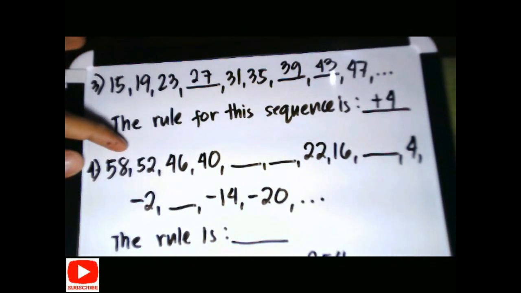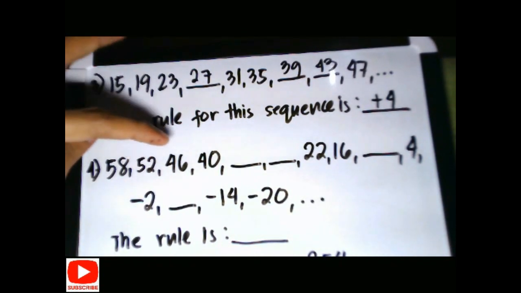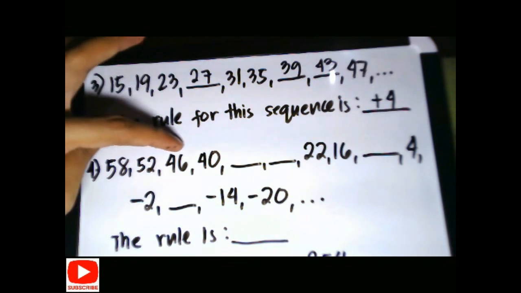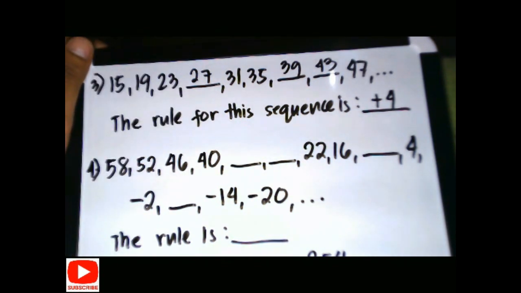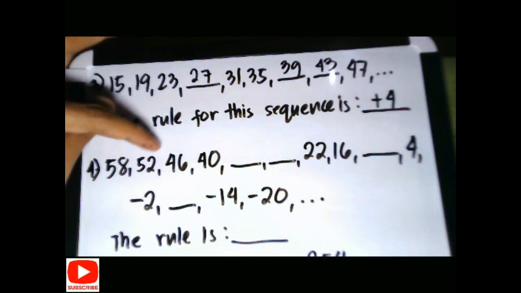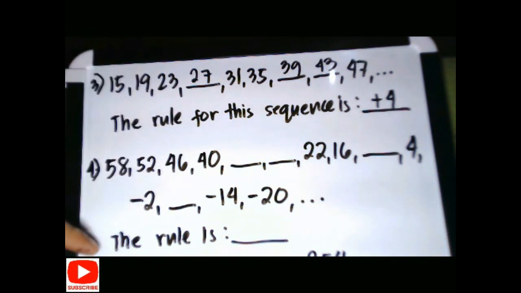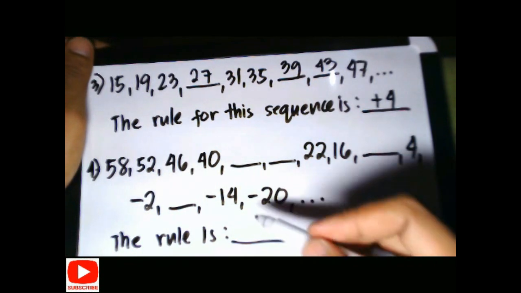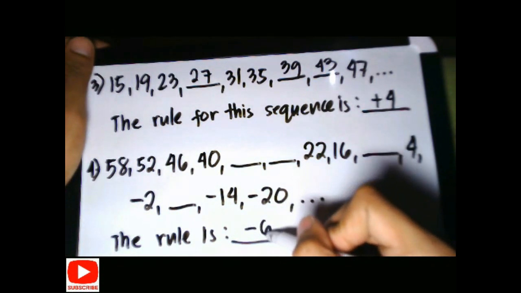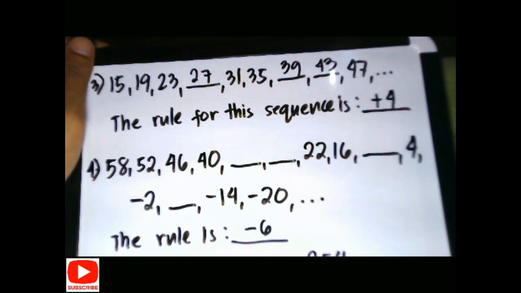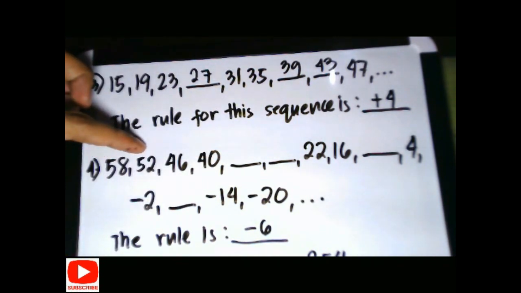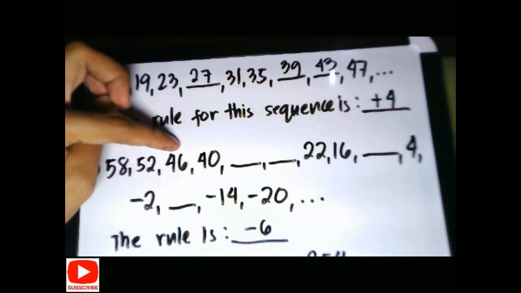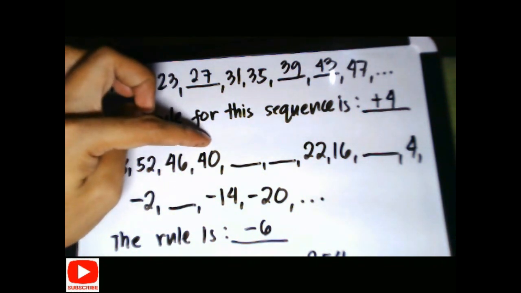So from 58 becomes 52, from 52 it became 46, from 46 it became 40. So what happened? The rule is we subtract 6 in every term. So 58 minus 6, that's 52. 52 minus 6, that's 46. 46 minus 6, that's 40.